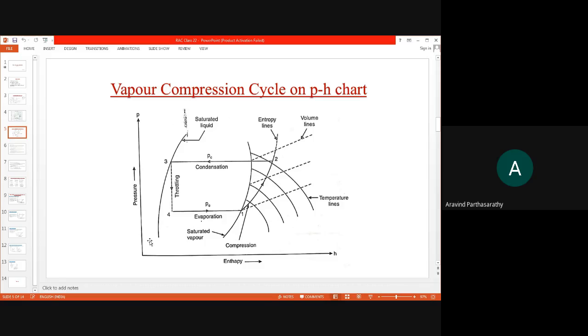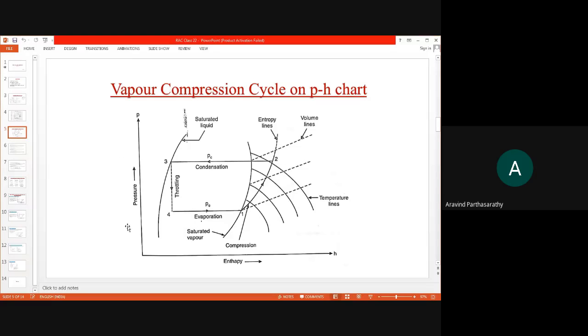Okay, you can see the pressure enthalpy diagram, and this dome, this line represents the saturated liquid line, and this line represents the saturated gas or vapor line, and inside there will be the wet region, and here in this part there is the superheated region.